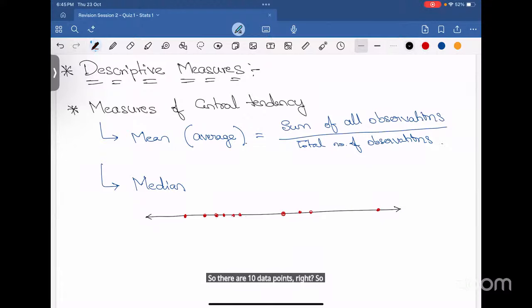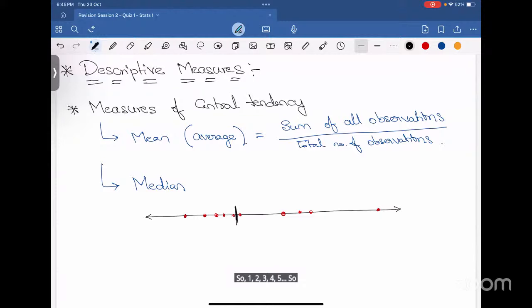So you have to take the value such that to the left of this value, there will be 50% of the data. So if you have 10 observations, 50% of them are 5. And your value should be after the 5th observation. So 1, 2, 3, 4, 5.